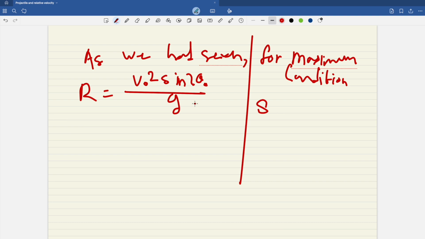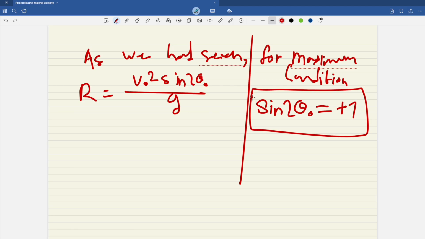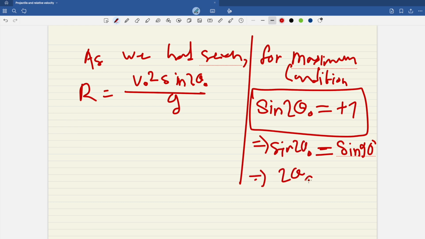Here the trigonometric function associated with this formula is sine 2 theta naught. The maximum value of sine is 1, so it is the condition for the maximum here. So sine 2 theta naught equals 1. Plus 1 can be written as sine 90, so sine 2 theta naught equals sine 90, and then theta naught is equal to 45.